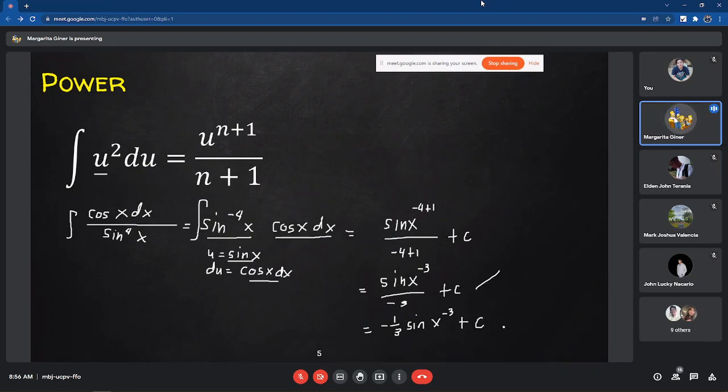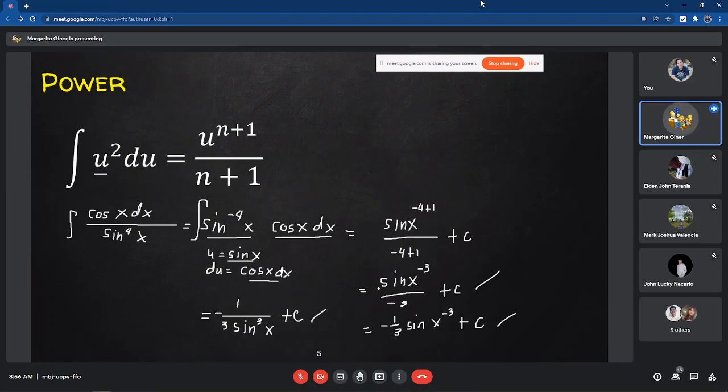This one is correct. Or another way, you can write it as negative 1/3, sine. Move it back to the denominator to make it positive. Sine cube x plus c. So, this is also correct.